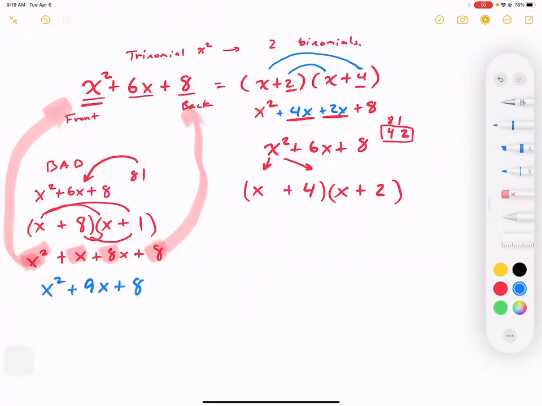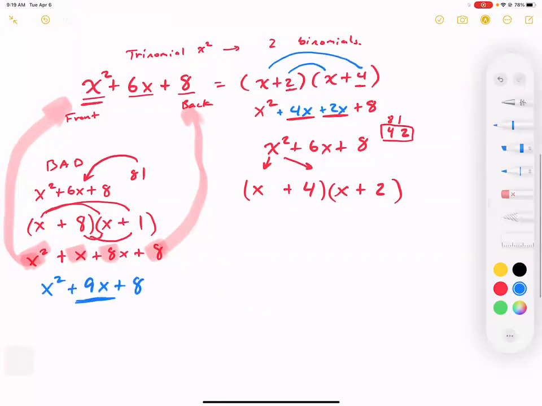You have to figure out which of these combinations is the right one. Now, is that 9x what we wanted to begin with? No. So if I choose the wrong pair, we end up with the wrong combination. Now, if you look here, I have x plus 8 and x plus 2, and that takes us back to our possibilities.